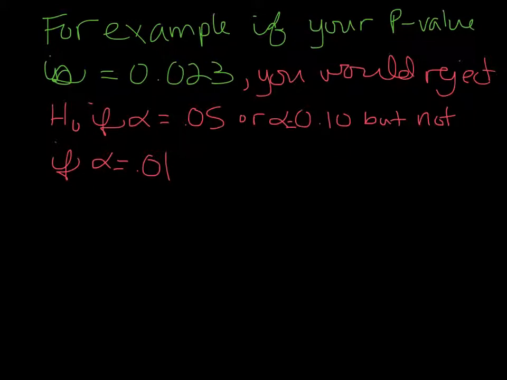So the alpha level is going to tell you whether or not you're going to reject your null hypothesis. It's just a threshold, basically.